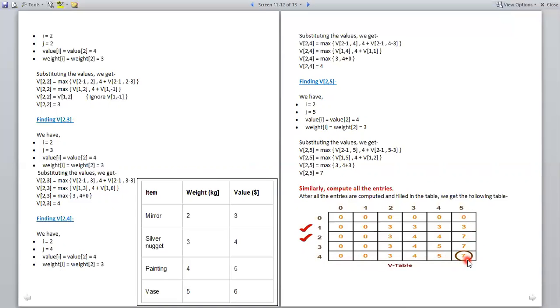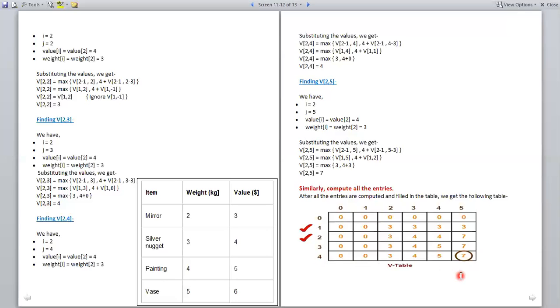Next you have to search, is there any 7 in the previous row? Yes, the 7 is in the previous row. That means this 7 is not generated based on the fourth item value.